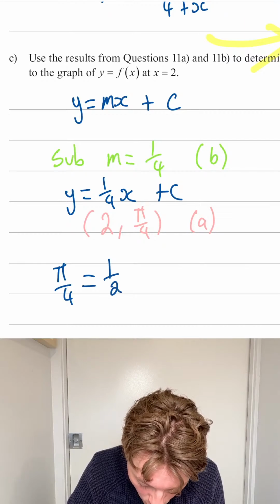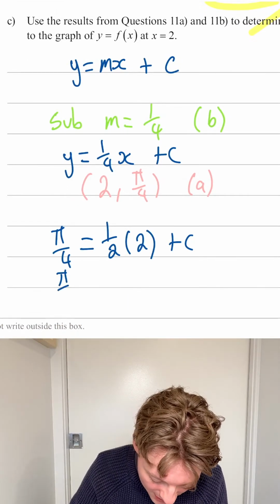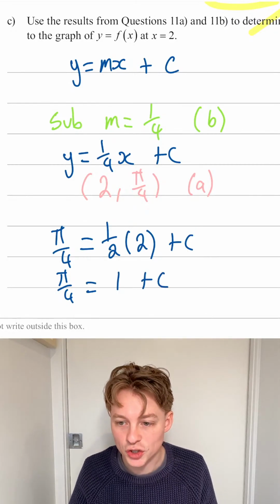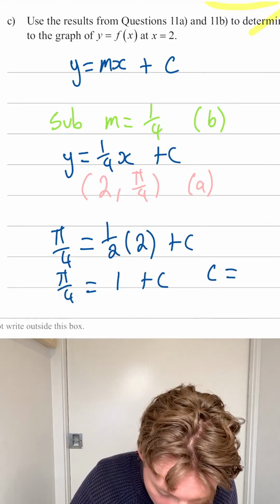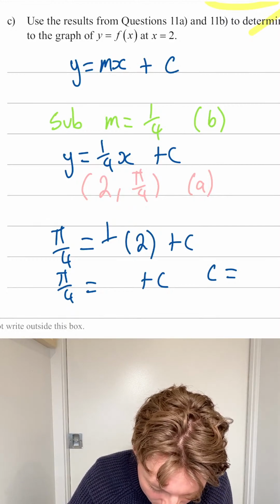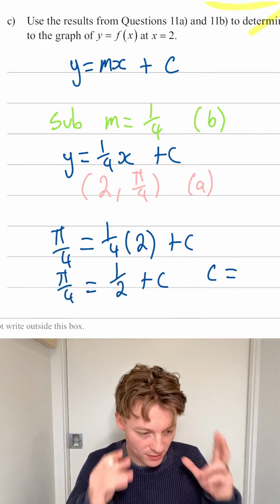That is equal to 1/4 multiplied by 2 plus c. That is going to give pi on 4 equal to 1 plus c. So c simply just, oh sorry, I did a half. That's wrong. It's 1/4 here. I nearly made a mistake. I wrote down the wrong number. That is 2 over 4. The answer to that is a half, and that's where my mind went.